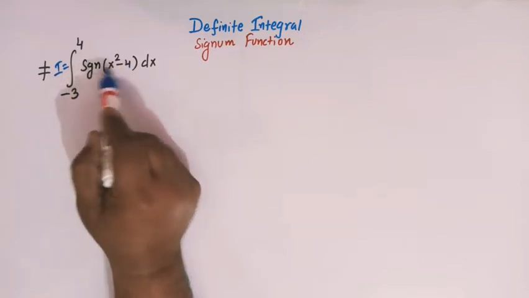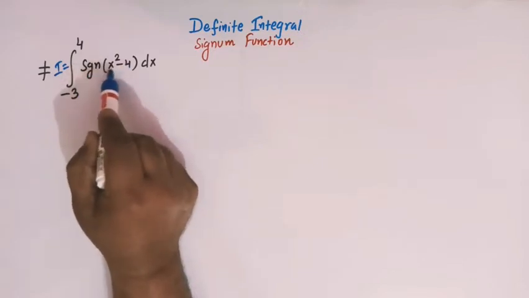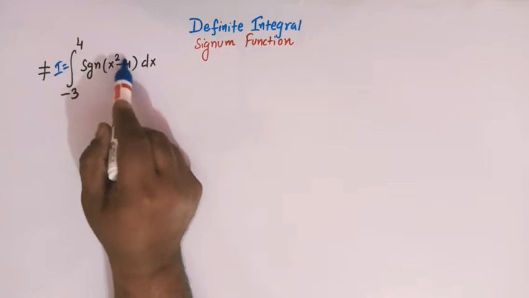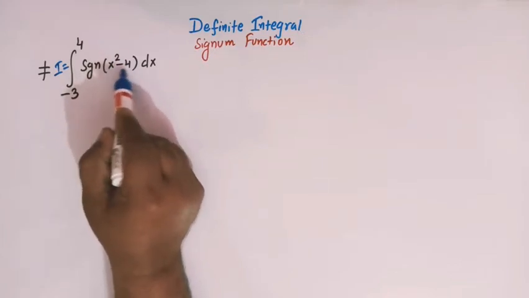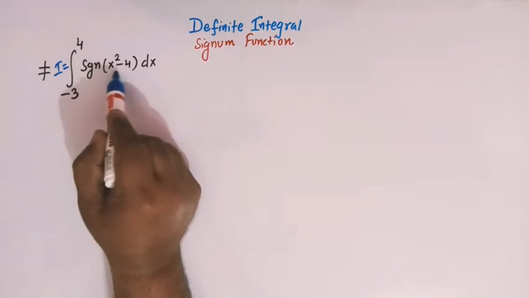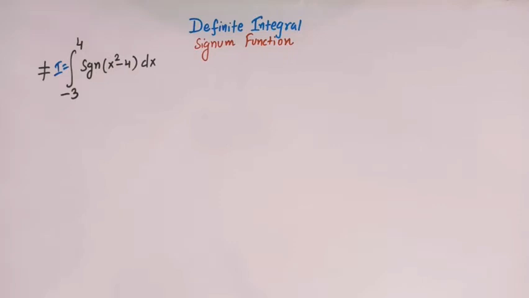Inside this signum function we have a quadratic function. Here we have x square minus 4, which is a quadratic polynomial. Let us first see the basic definition of the signum function.